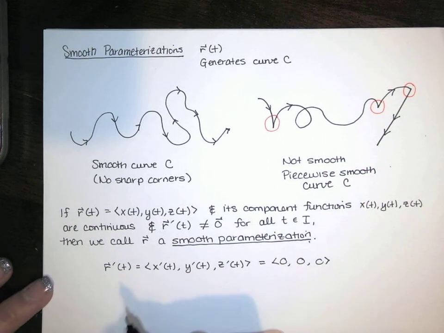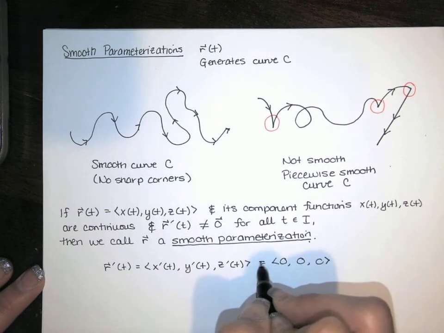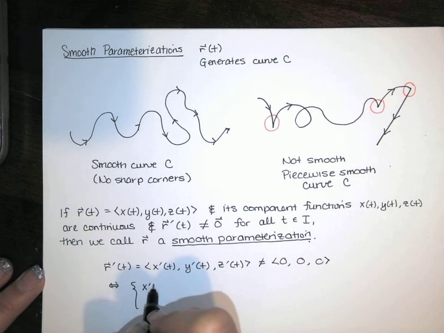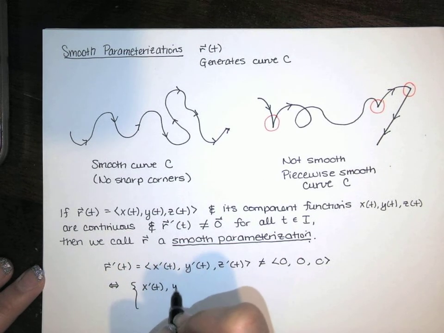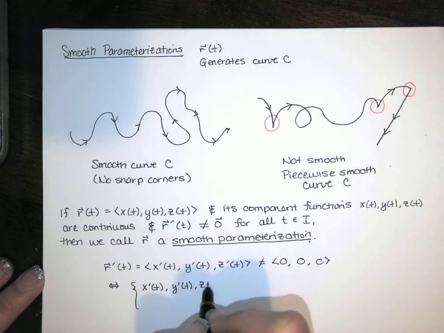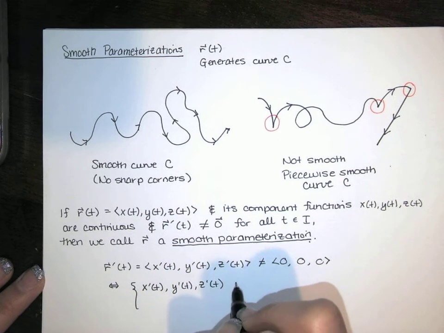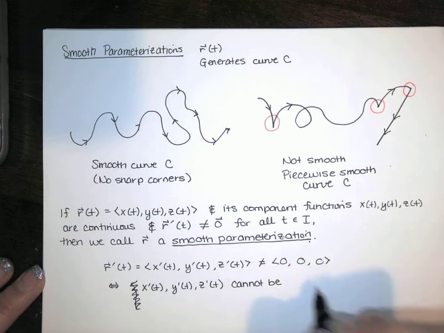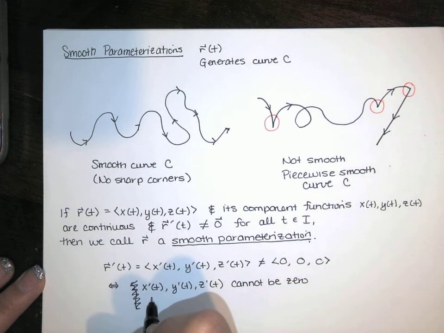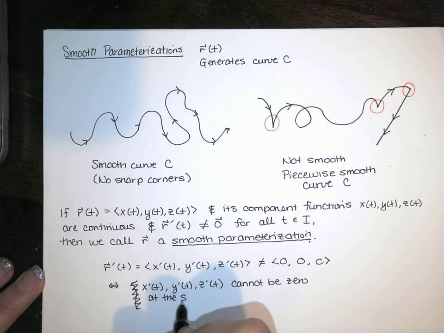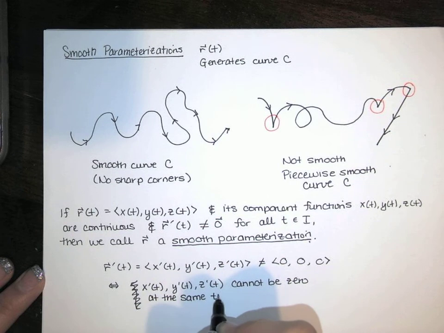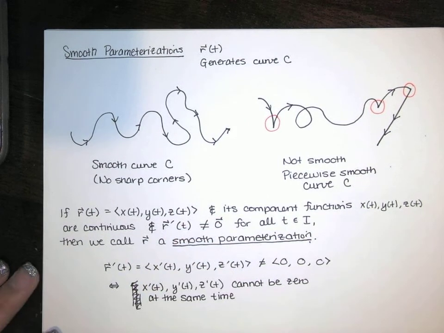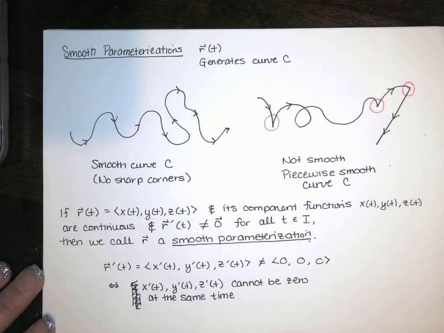So we're saying x prime, y prime, and z prime cannot all be 0 at the same time. It's okay if one of them is 0 and the other ones aren't. But if all three are 0, all bets are off. We might have a sharp corner.